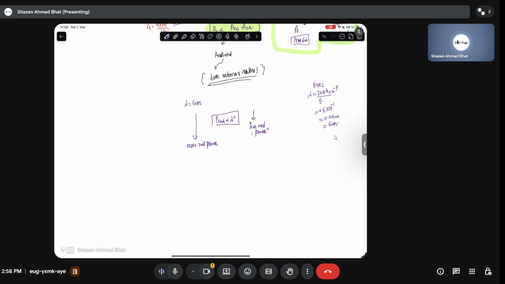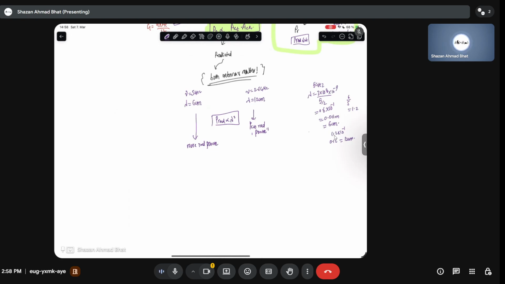And for 2.5 gigahertz, that means divided by 2, the wavelength will be double, so it will be 0.12 meters, that is 12 centimeters. So this is for a frequency of 5 gigahertz, and this is for a frequency of 2.5 gigahertz.